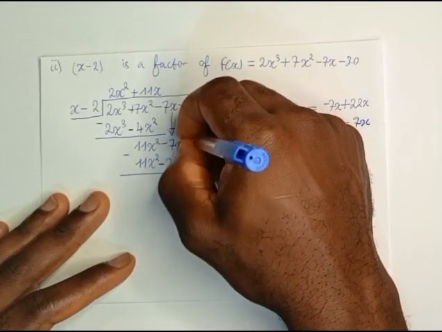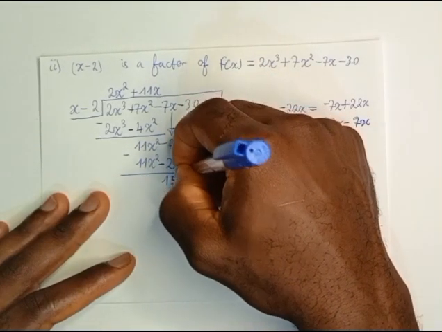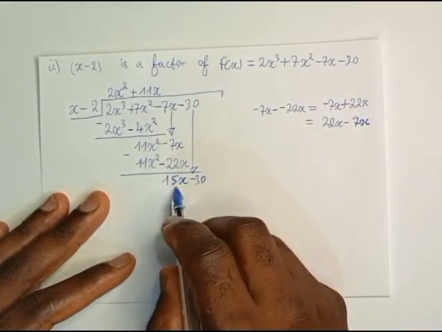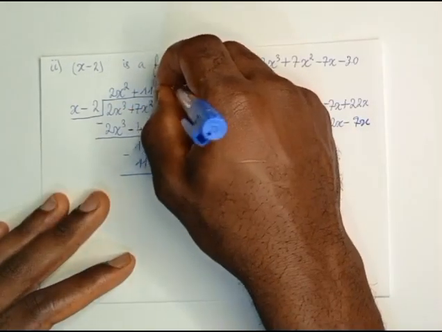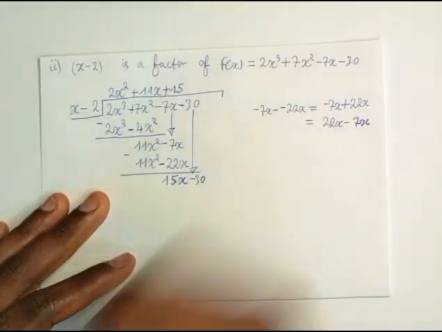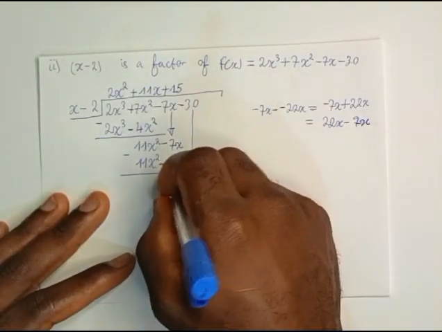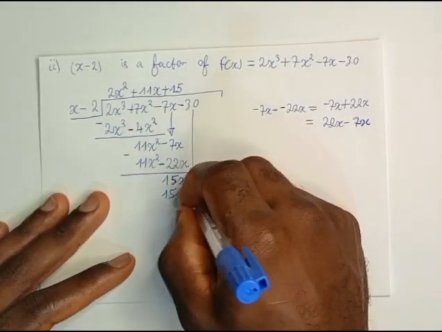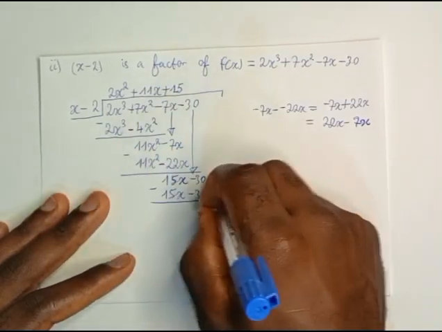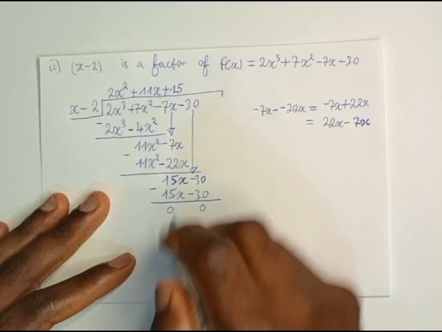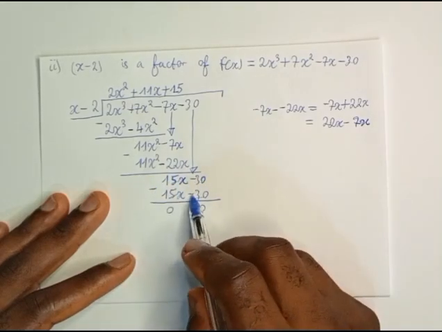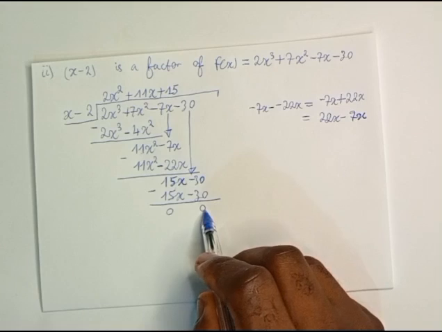Then we bring down negative 30. 15x divided by x gives us plus 15. 15 times x gives us 15x. 15 times negative 2 gives us negative 30. We subtract. 15x minus 15x is 0. Negative 30 minus negative 30 is 0.